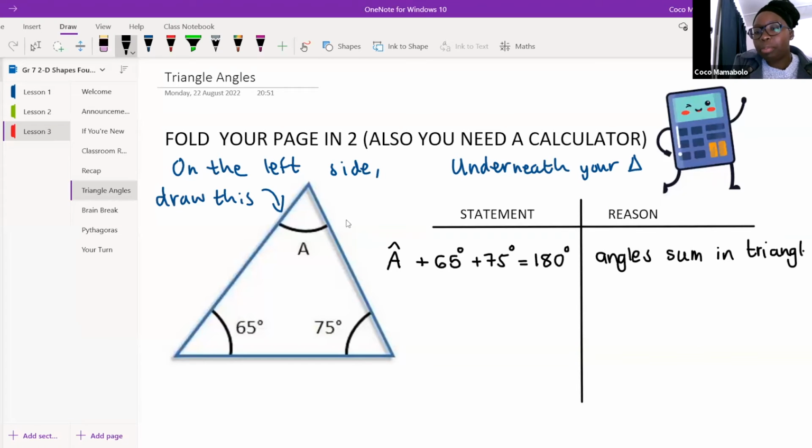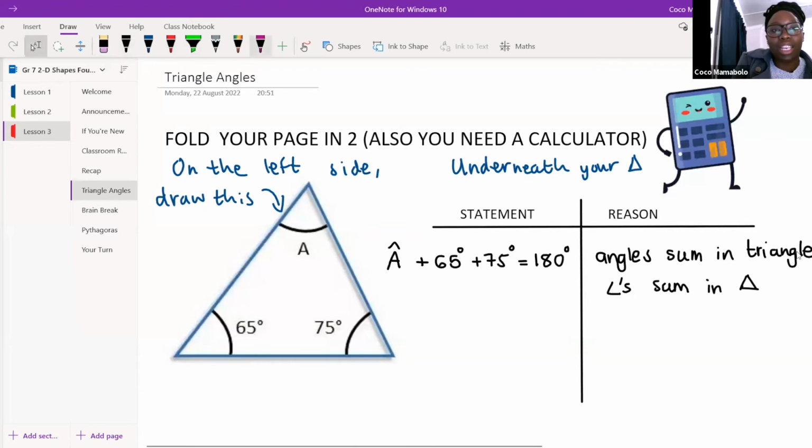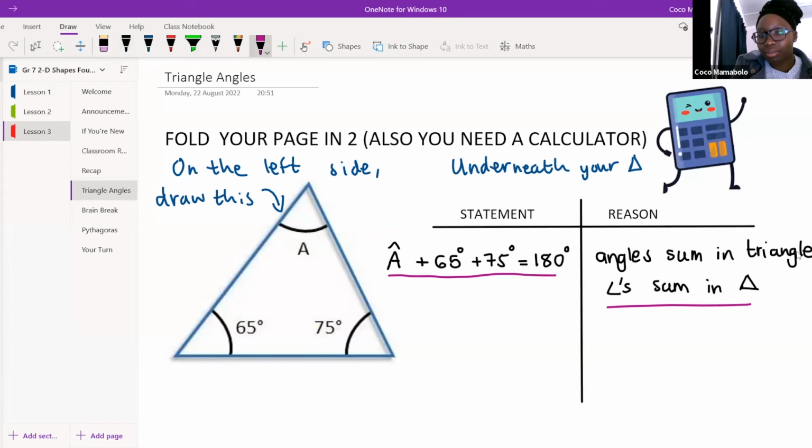Okay. But because we are mathematicians and we are lazy and we don't like writing long words, this is not English, it's maths. We do this, we go angles sum in, and then I actually draw a triangle. Okay, this is what I want you guys to write in your book or on your paper. Write this, all of this. Okay.